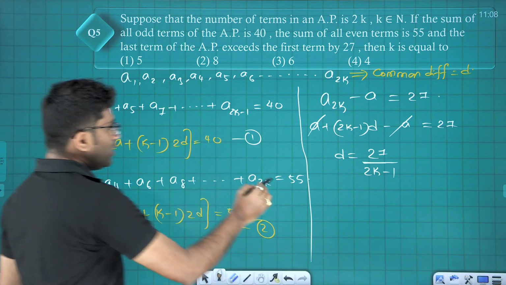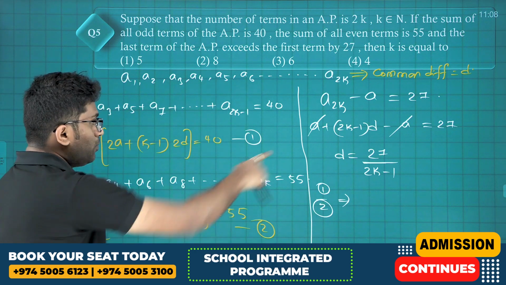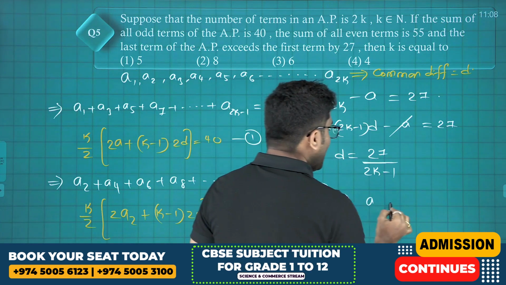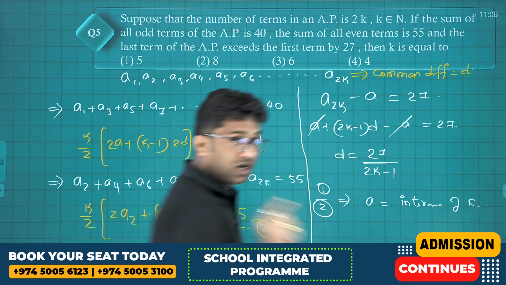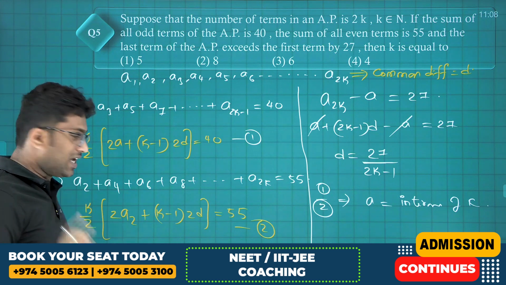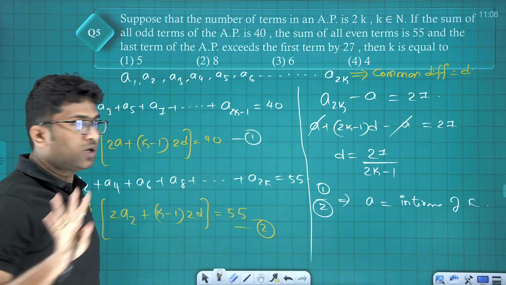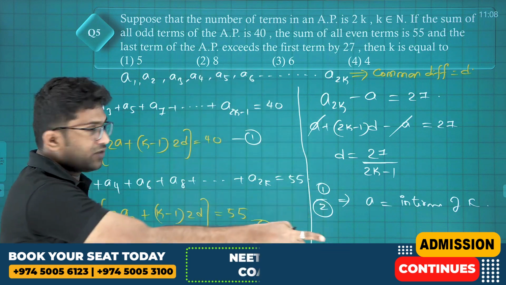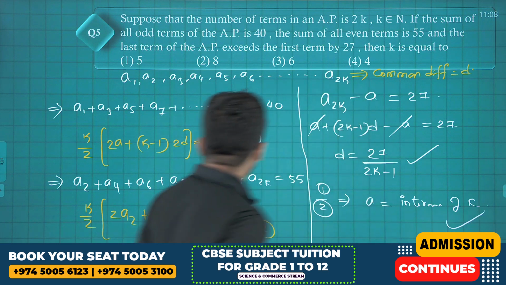In the same way, friends, we do equation 1 by equation 2 and put d equal to 27 by 2k minus 1, and we'll get a in terms of k. Equation 1 by equation 2, k by 2 gets cancelled. a2 is a plus d, but d is 27 by 2k minus 1. So from there, if you substitute, we'll get a in terms of k. So now we have got d in terms of k and a in terms of k.